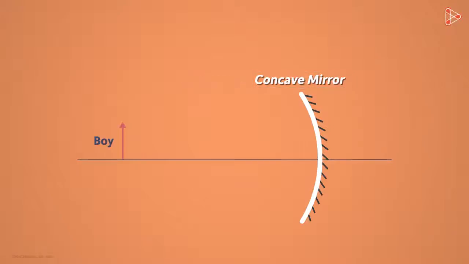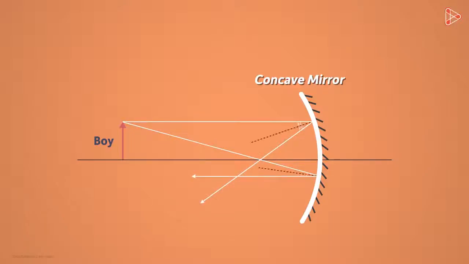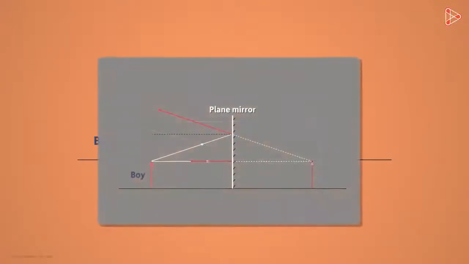Let's consider the light rays from the same point of the object incident on the mirror. We see that after reflection, each ray is traveling in a certain direction. Note that here as well, each ray obeys the law of reflection. What difference did you notice here compared to the plane mirror reflection? In the previous case, all the reflected rays were diverging.